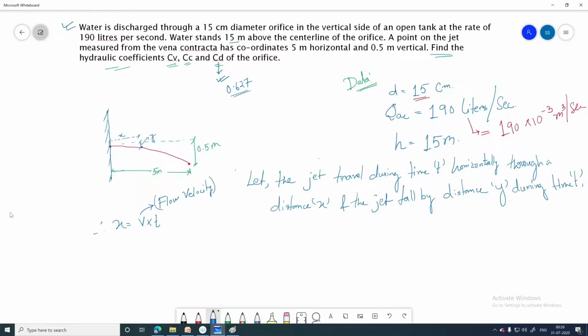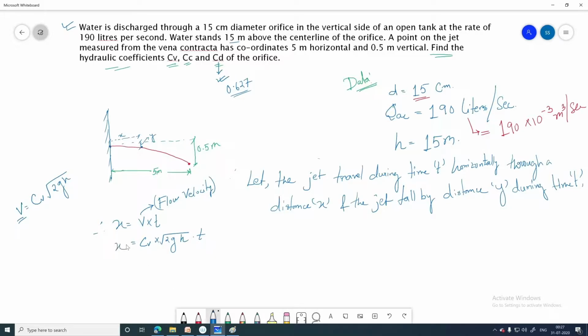So x equals Vt. What we know is the flow velocity equals Cv into root over 2gh. Root over 2gh is actually the theoretical velocity, and this is the flow velocity, rather you can say actual velocity. So in place of capital V, we can write Cv into root over 2gh into t.